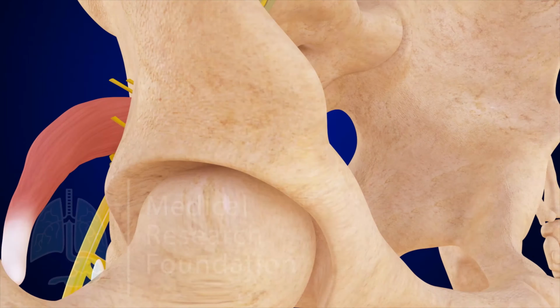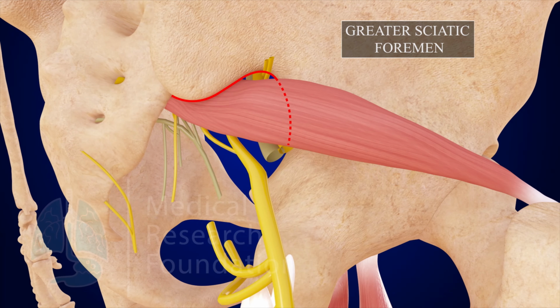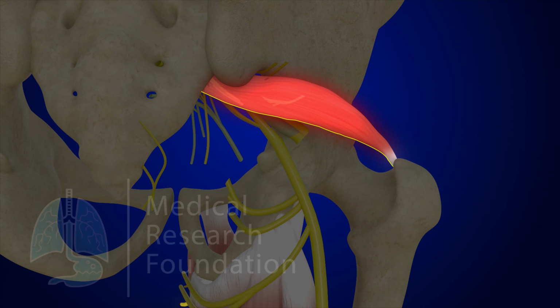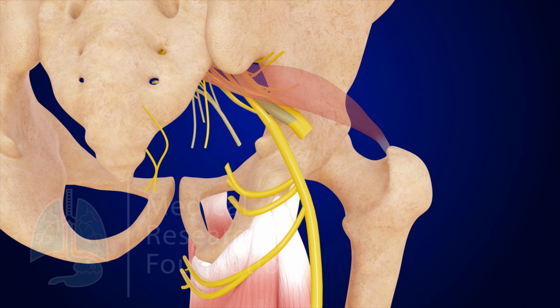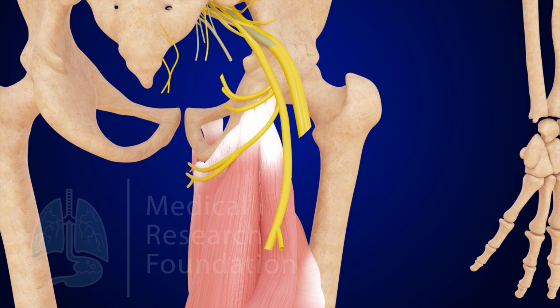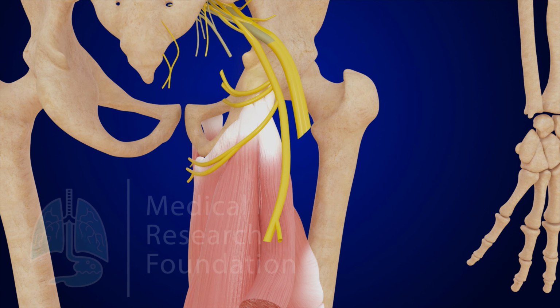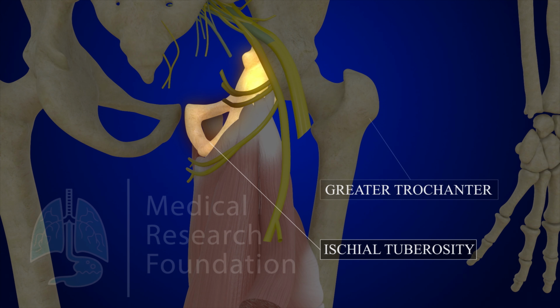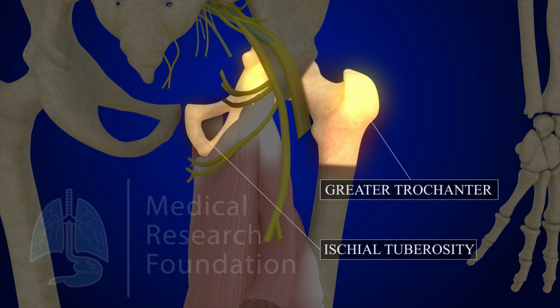It enters the gluteal region through the greater sciatic foramen below the piriformis. Here it runs downward with slight lateral convexity and passes between the ischial tuberosity and greater trochanter.